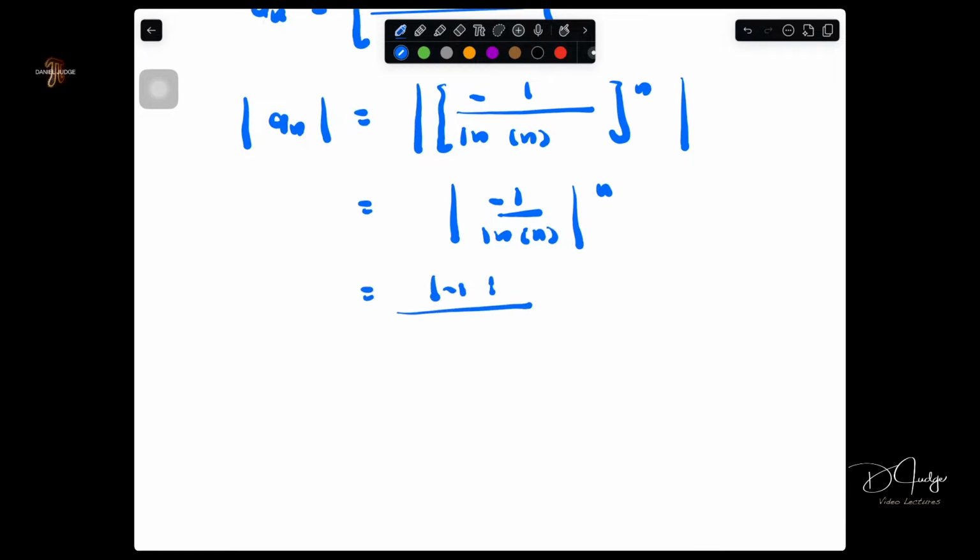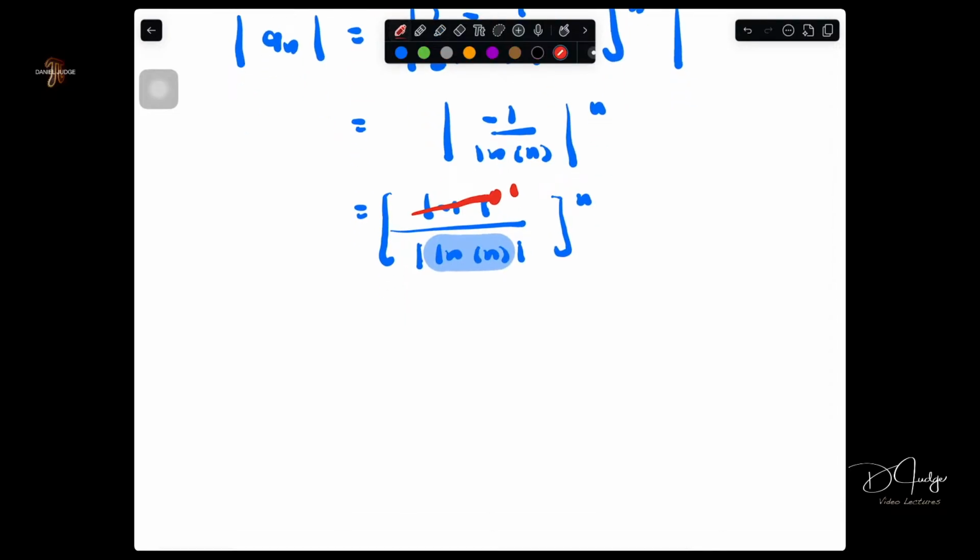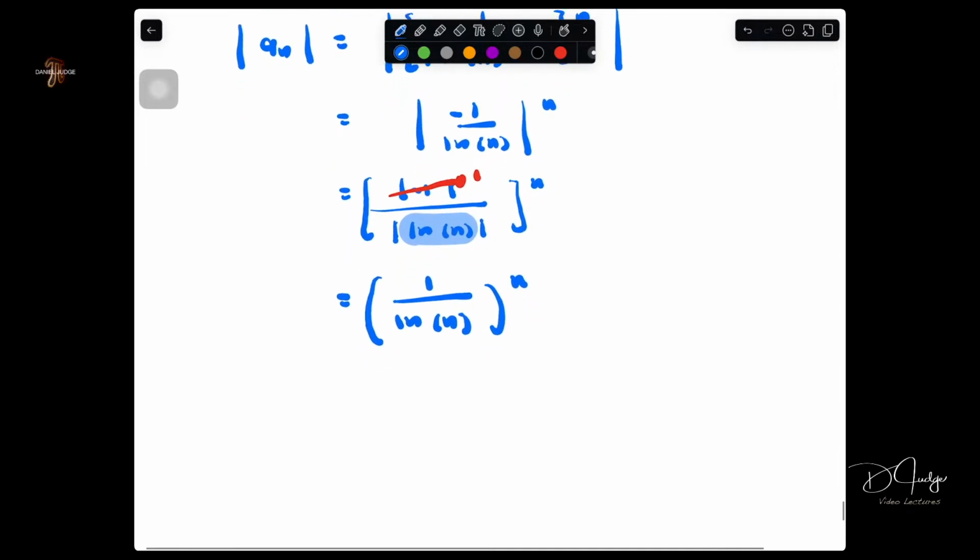Properties of absolute value. This whole thing is raised to the nth power. This is +1, and the natural log of n for natural numbers like 1, 2, and so on is positive. So we got 1 over the natural log of n, whole thing raised to the nth power. This is the absolute value of an.